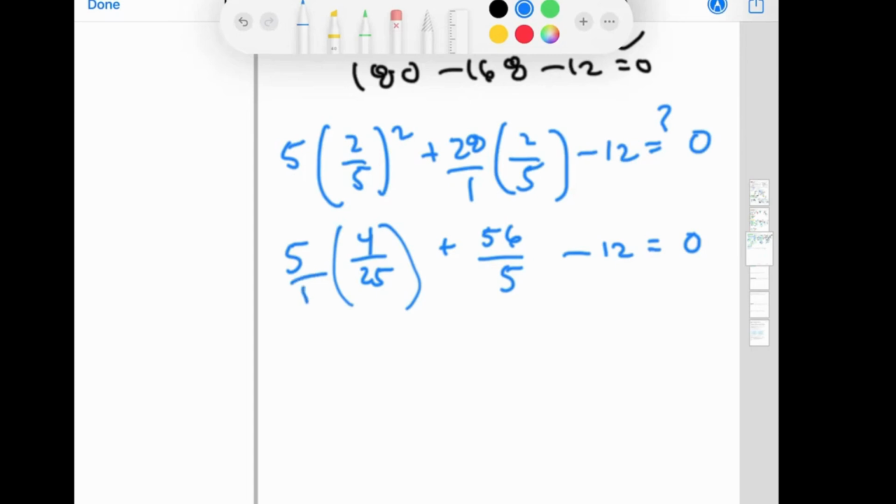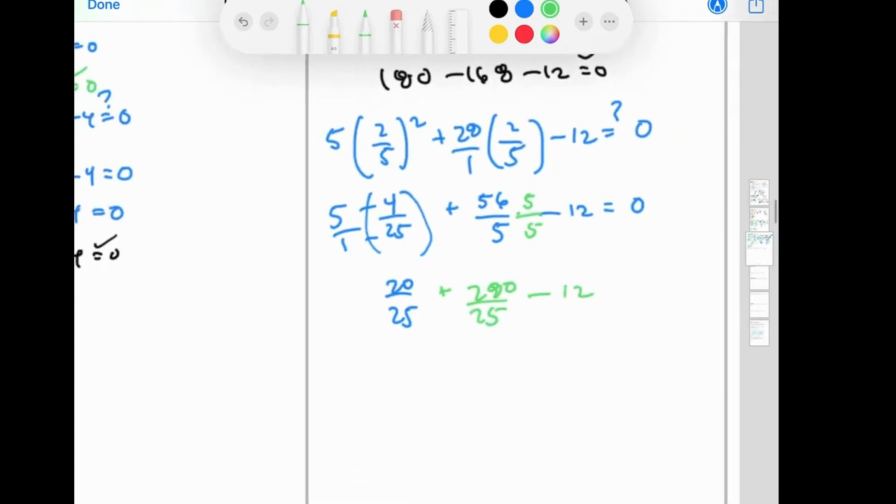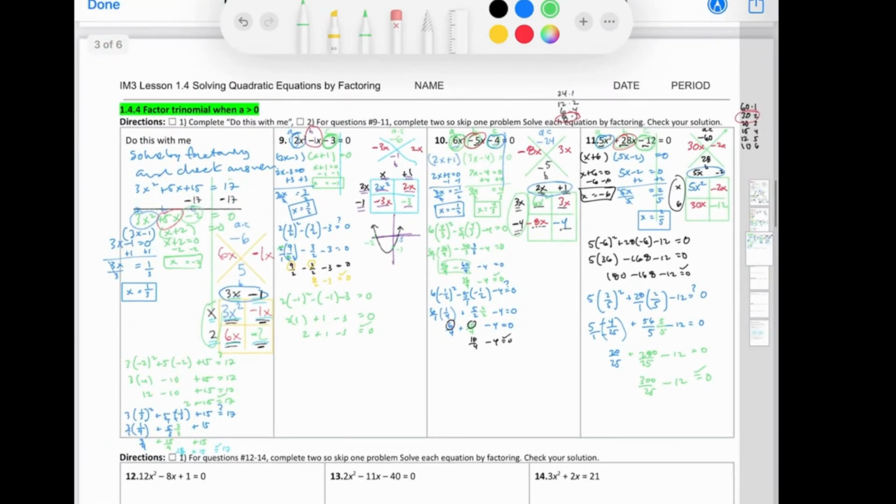And this multiply across, you'll get 20 over 25. This one I'm going to multiply by 5, so whoa. Yeah, this is going to work. 300 divided by 25, which is how many quarters in $3? That will be, I'm assuming, 12. And 12 minus 12 is 0. Works out.